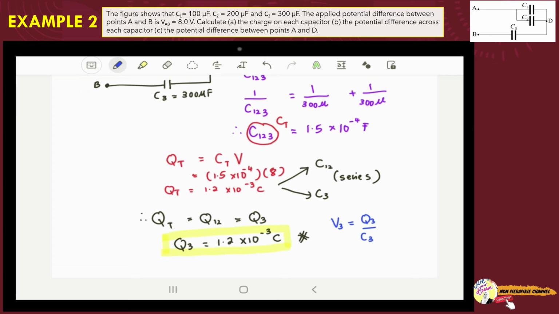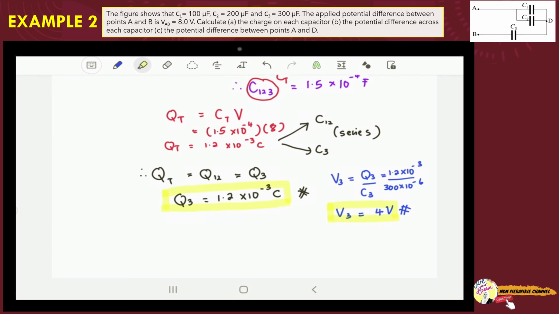Okay, so Q3 is equal to 1.2 exponent -3 and C3 is equal to 300 exponent -6. Therefore, V3 I get 4 volt. So, I have settled finding V3. Okay. And how about V1 and V2?